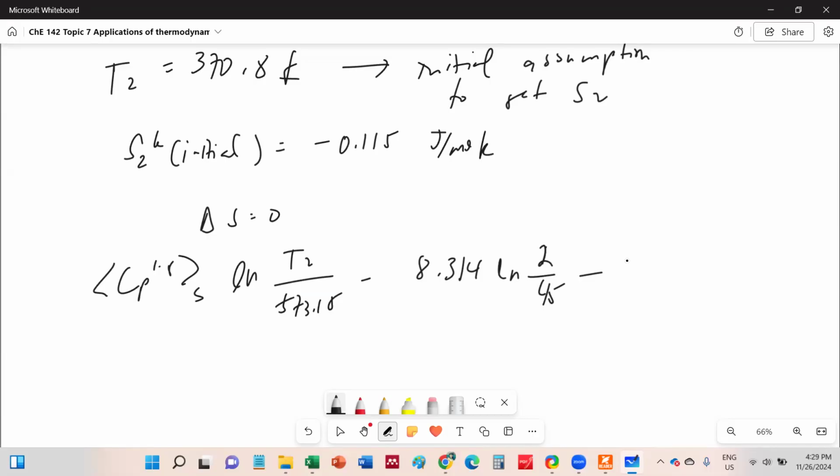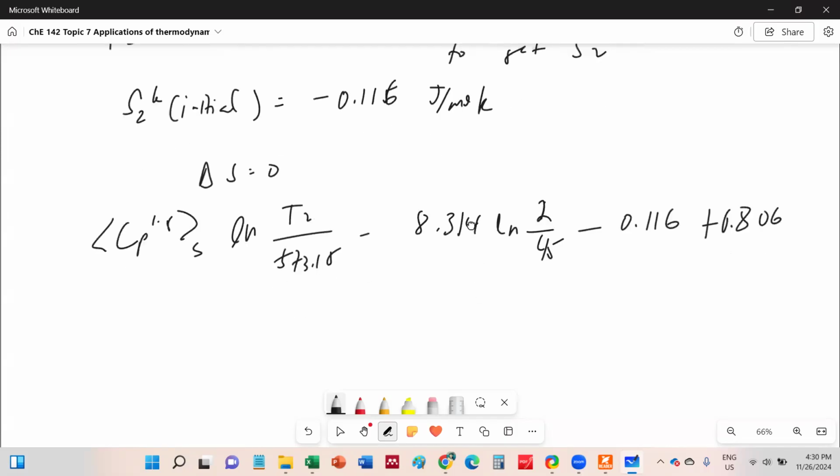In the book they round it up to 6, but actually in the calculator it's 0.115. Anyway, let's use the same as the book, plus, this should be negative, the minus S1R, but S1R is negative, so that becomes a positive value. Then we have H2R, but this is negative.